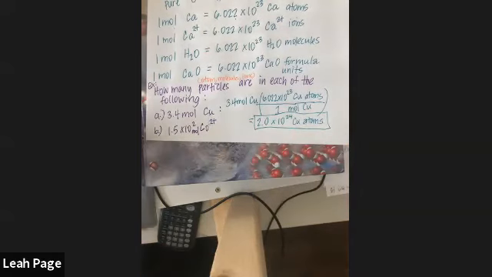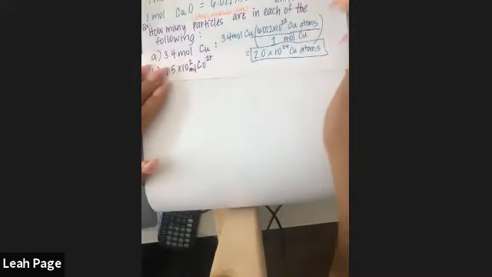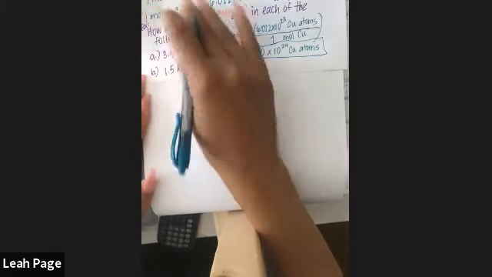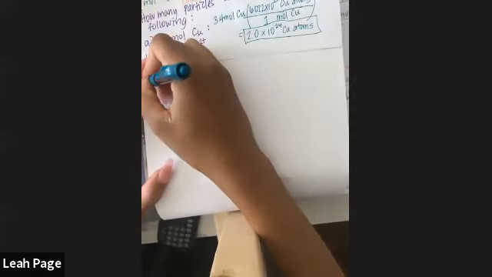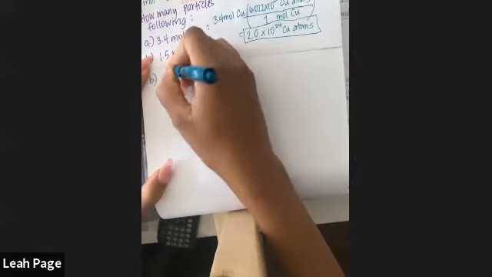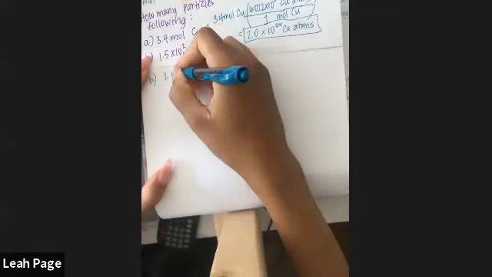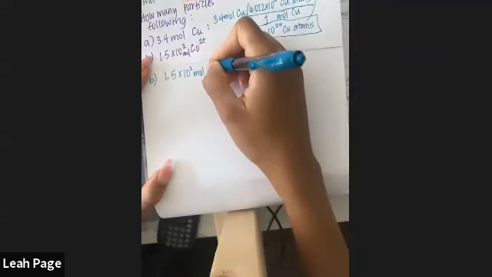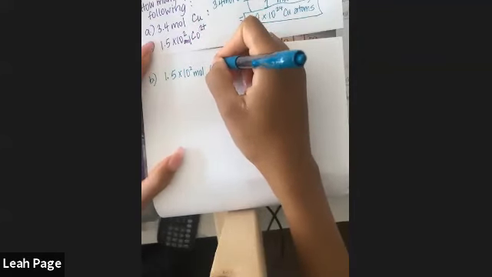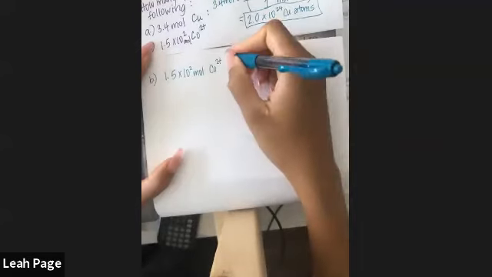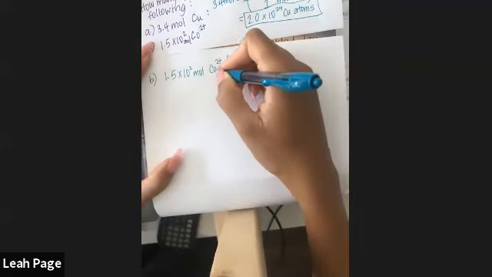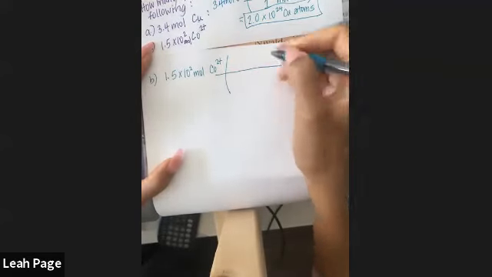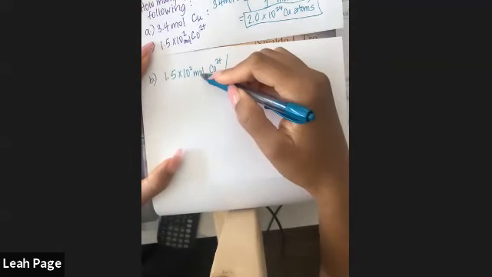So if we do B, this was A, we have to set it up the same way. So B is now saying, if I have 1.5 times 10 to the power of 2 moles of cobalt ions, when I go to convert this, once again, I want to get rid of moles.